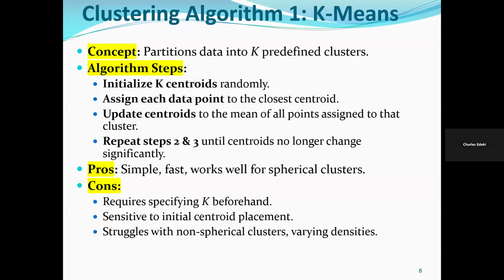Then the convergence. We repeat steps 2 and 3 until the centroids no longer change significantly. That's convergence. So when it doesn't change anymore, that's it.